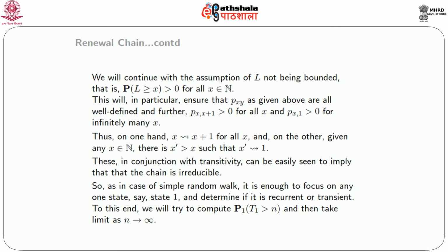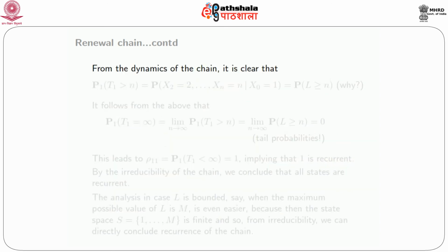So remember, this is a completely different approach. Here, rather than testing the convergence or divergence of a certain series, we are directly focusing on rho 1 1, trying to find rho 1 1 and seeing whether it is 1 or less than 1. From the dynamics of the chain, it's clear that P1(T1 > n) means starting from 1, the time to come back to 1 is more than n.